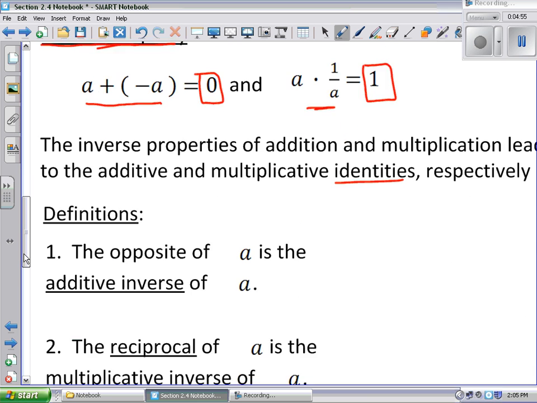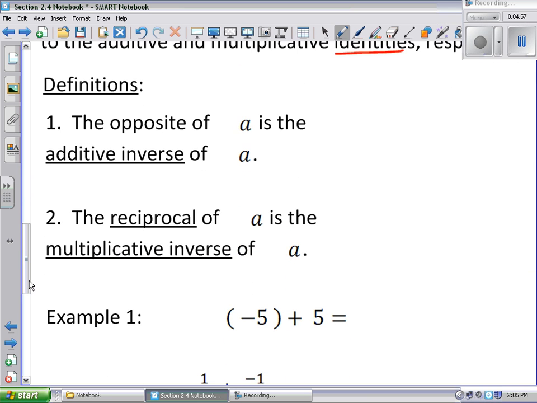The opposite of A is the additive inverse of A. The opposite of A is negative A. The reciprocal of A is the multiplicative inverse of A. The reciprocal of A is 1 over A.